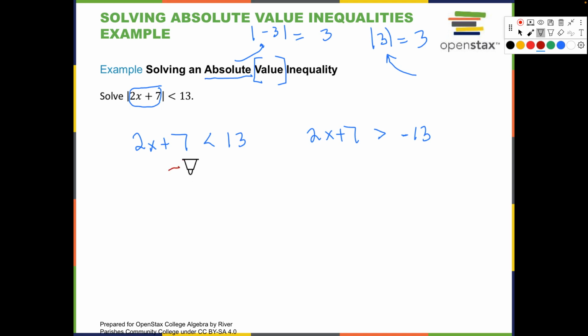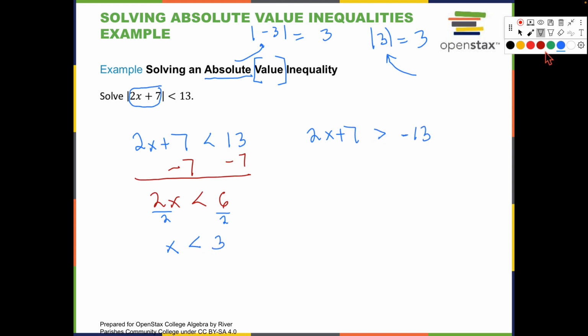Starting with this side, subtract 7, and we get 2x less than 6, positive 6. Then we can divide both sides by 2, still keeping everything positive, no signs changing. X is less than 3. So that's one of the answers.